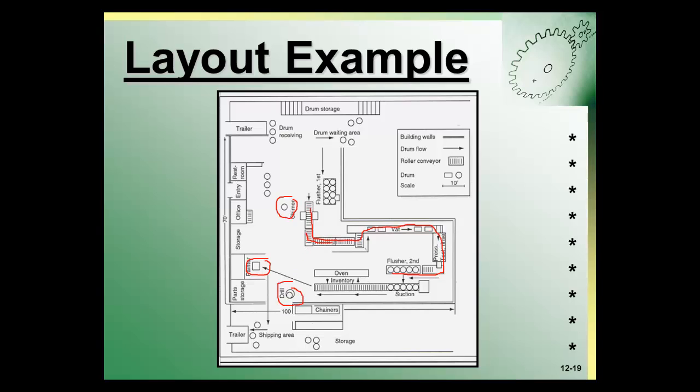This is a conveyor system. Receiving areas right here, drum receiving, and the shipping area. That has been indicated, the outbound shipping area. Even restrooms and the entryway and the office have been established.